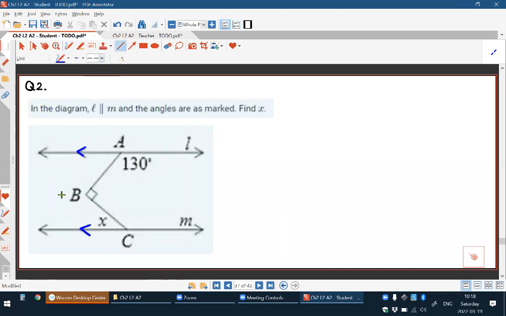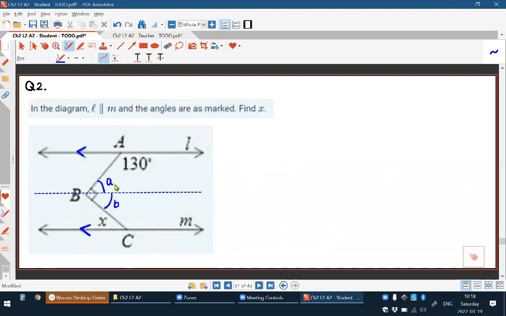So if we add an auxiliary line like this, then angle ABC is actually comprised of this angle and this angle, right? So let's say this angle is A and this angle is B.